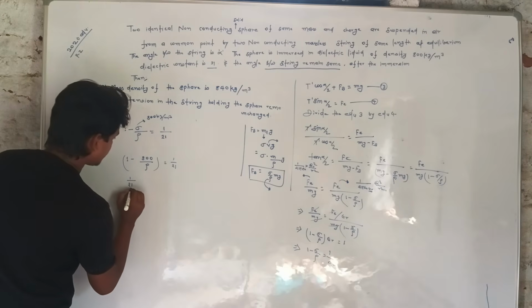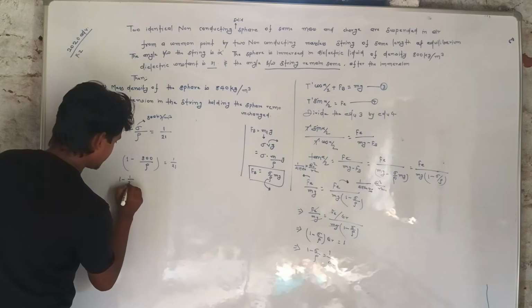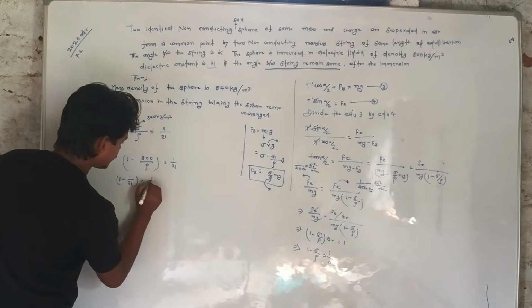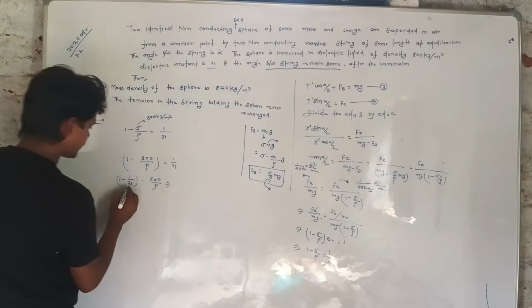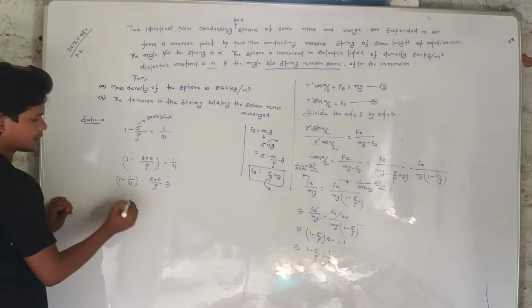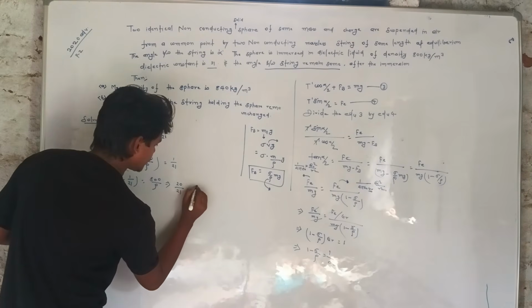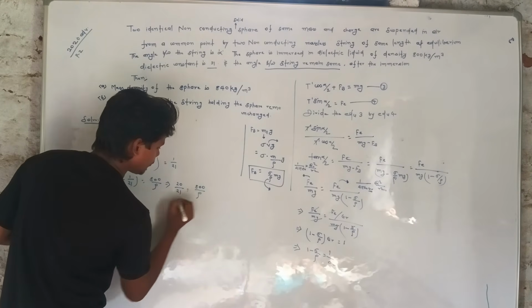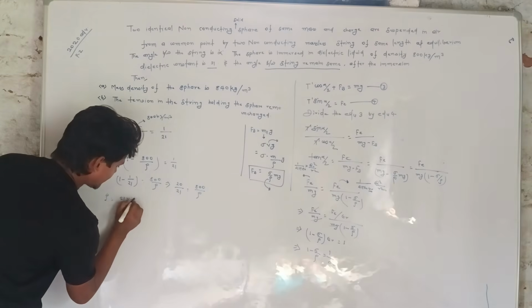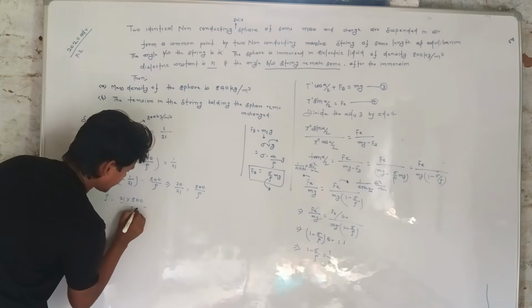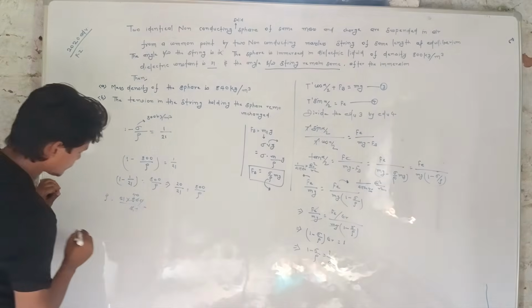So 1 minus 1 upon 21 is equal to 800 upon rho, and we can also write 21 minus 1, that is 20 upon 21. 20 upon 21 is equal to 800 upon rho, and from here rho is equal to 21 into 800 upon 20, that is 40.